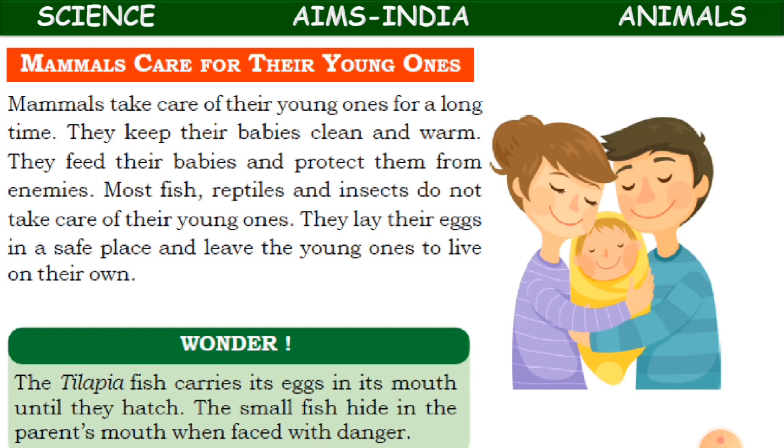Now, how do mammals take care of their young ones? Mammals take care of their young ones for a long time. They keep their babies clean and warm. They feed their babies and protect them from enemies. Even human beings, see how our mother takes care of us for a long time.